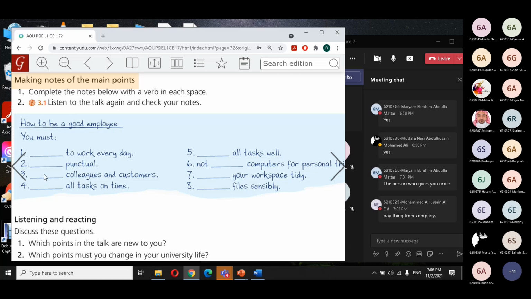For example, in number 1, "You must to work every day." What is the word missing here to make a sentence? Go. Yes, excellent. You must go to work every day.